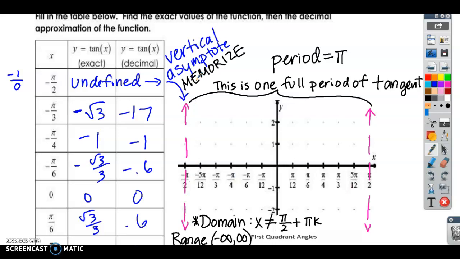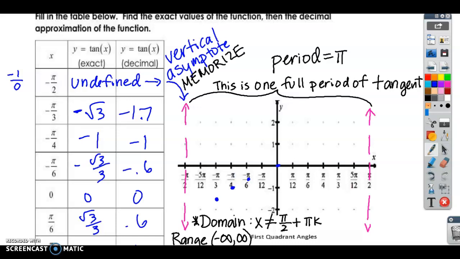So if I go ahead and start filling in, negative pi over 3 is negative 1.7. So that's down here. Negative 1.7 is right there. Negative pi over 4 is negative 1. Negative pi over 6 is negative root 3 over 3, which is negative 0.6. 0, 0.